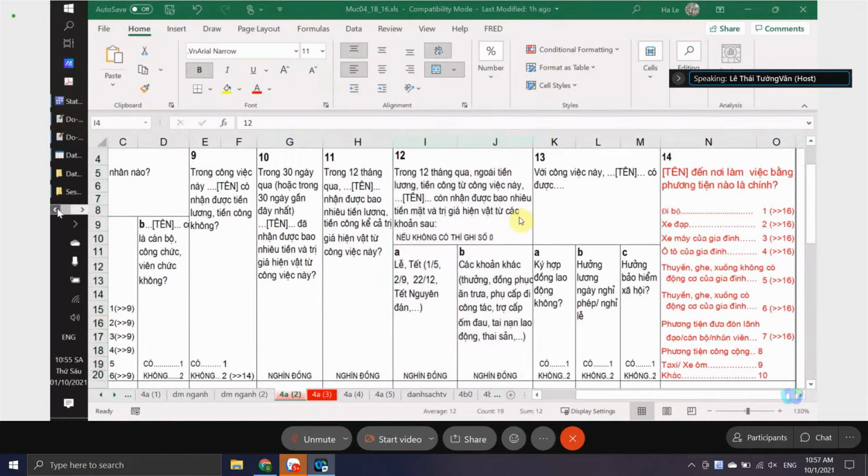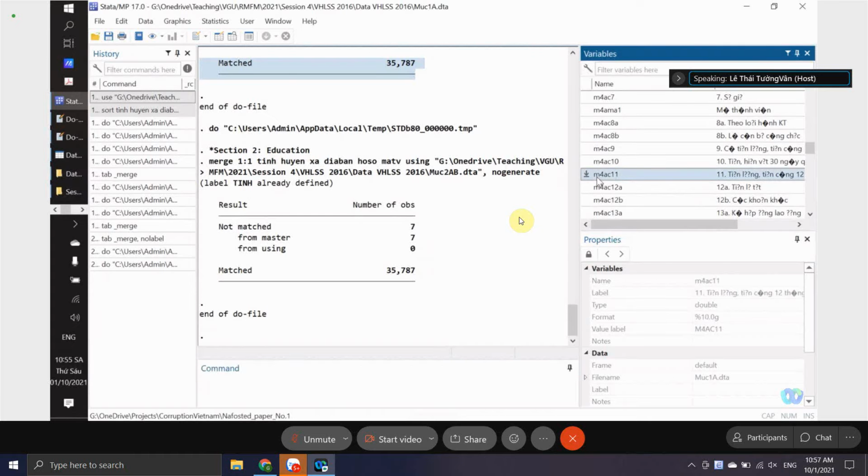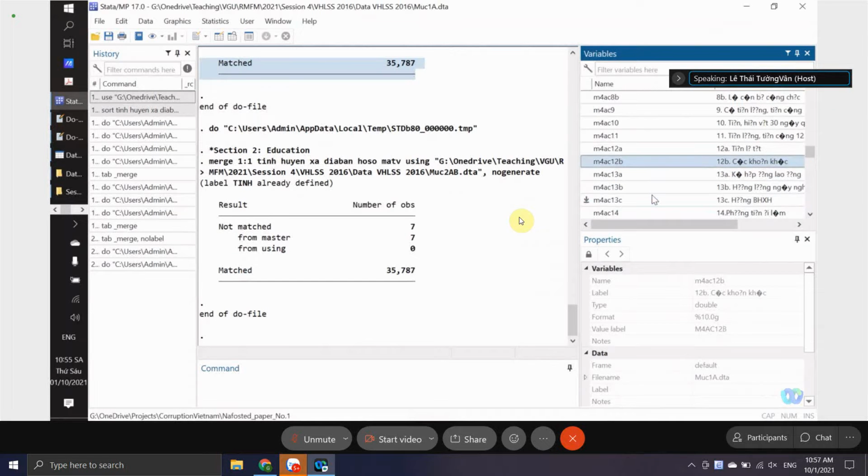Now, if we go back to our data, you will see that the information is stored here. Firstly, you have section 4, question 11, section 4, question 12A, section 4, question 12B. See? They are all here. So how can we combine them?